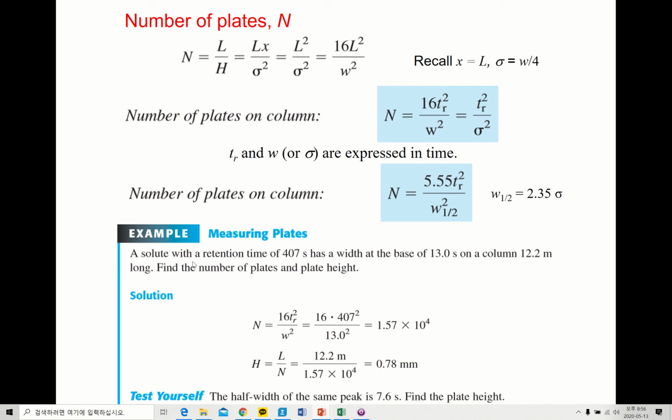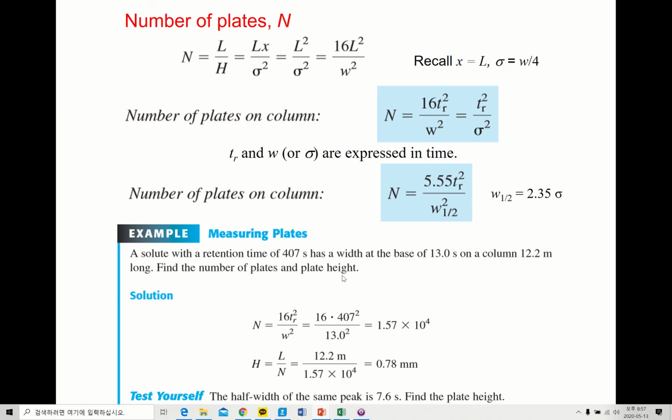A solute with a retention time of 407 seconds has a width at the base of 13.0 seconds on a column 12.2 meters long. Find the number of plates and plate height. We now know the total column length, and if we know the number of plates, then we can calculate plate height.